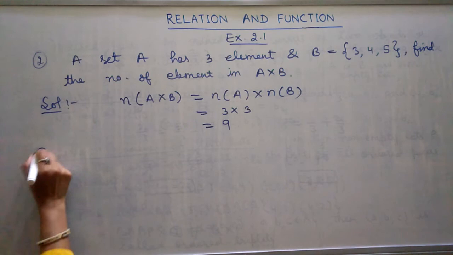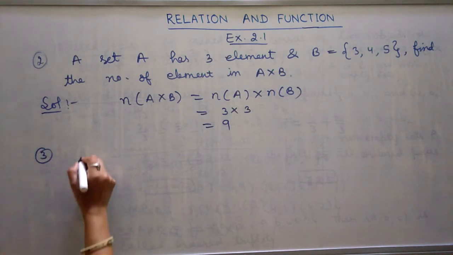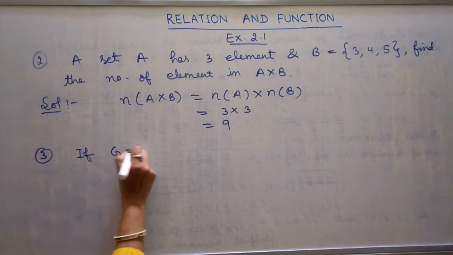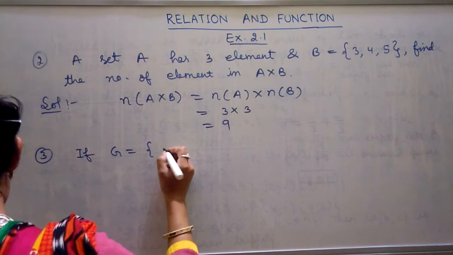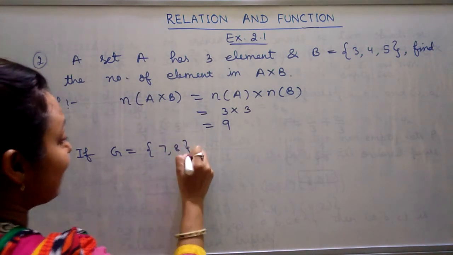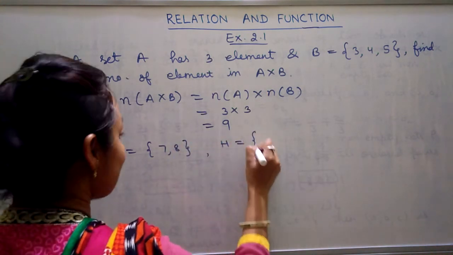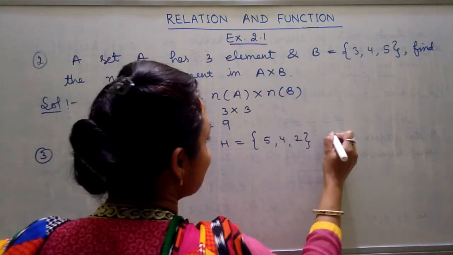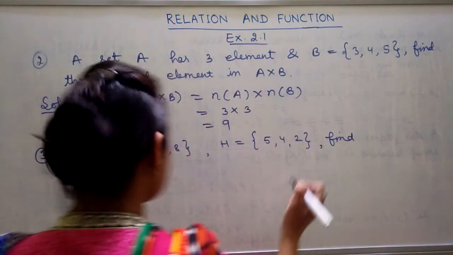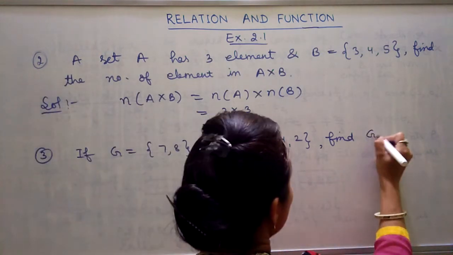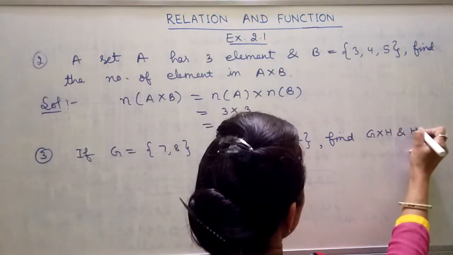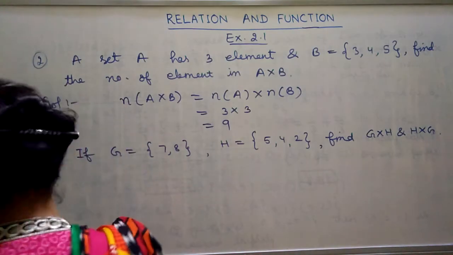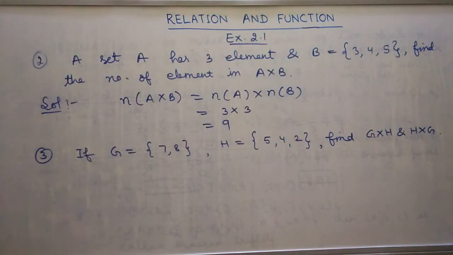Now come to the third question. What is the third question? If G is equal to {7, 8} and H is equal to {5, 4, 2}, then find G cross H and H cross G. You have to find the two sets of ordered pairs. How can you find it?